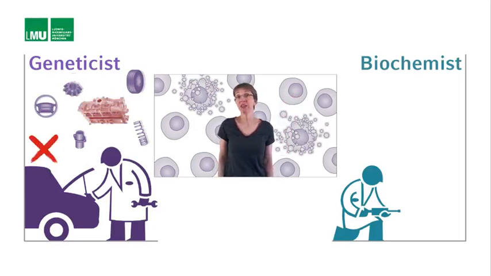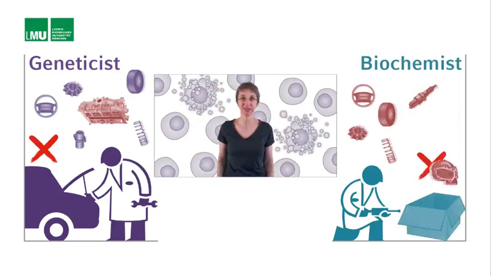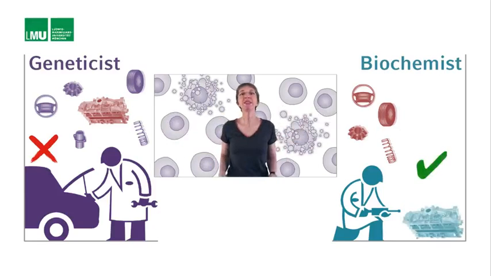Taking out a seat or the bumper would have no effect, but taking out the engine would. The biochemist would take the entire car apart into individual pieces. Among all those pieces, he would then try to find the minimal set of pieces that, when put together, provides him or her with something that can be started, such as an engine.